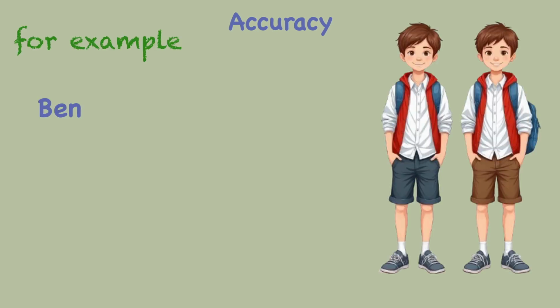Okay, with decimal places and significant figures fresh in our minds, let's talk about accuracy. Basically, a number is more accurate if it gives us more exact information. And how do we see that extra detail? Usually, it's by looking at how many significant figures or decimal places it has. Ben says he's 1.7 meters tall. Okay, but Adam says he's 1.732 meters tall.